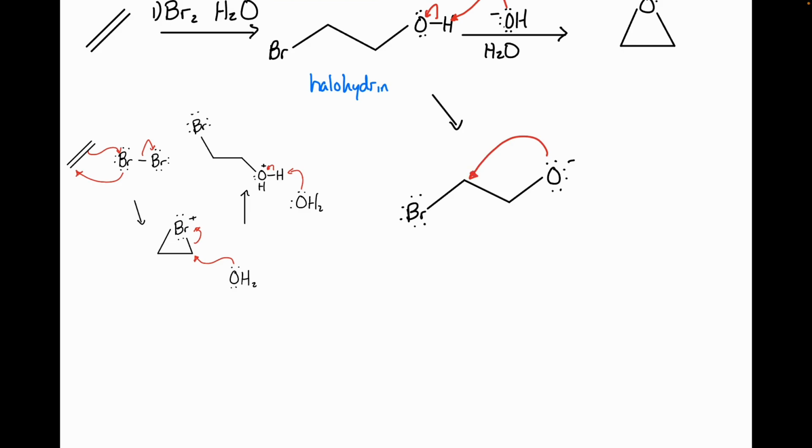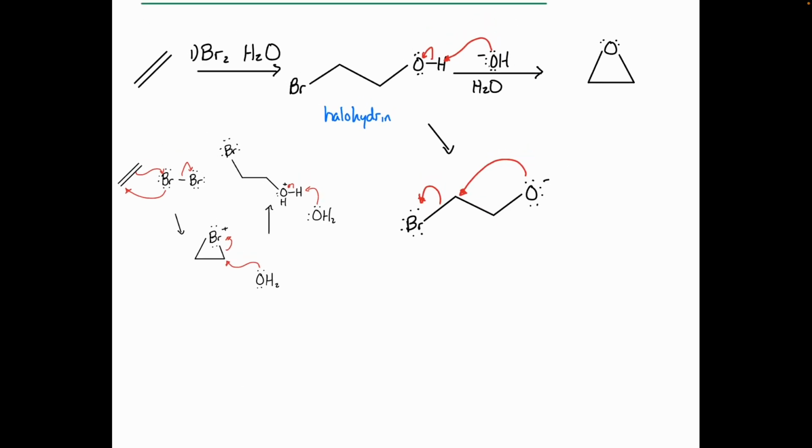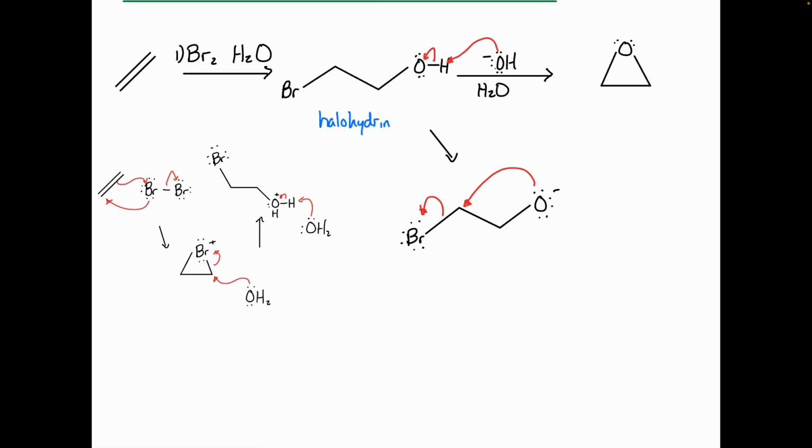Right? So we have a good nucleophile and a good leaving group all in the same molecule. So this oxygen is going to attack a carbon in the same molecule and kick off that good leaving group, the bromide ion. And so that's how we have this ring that's formed here.